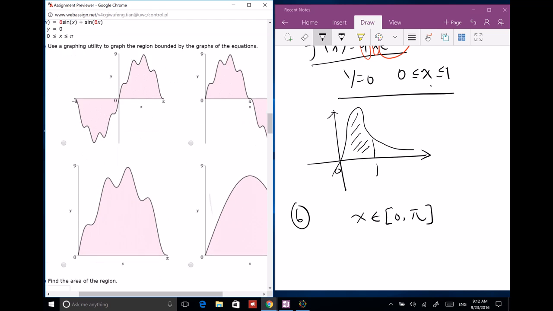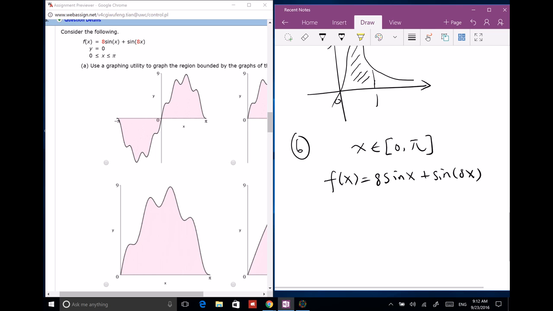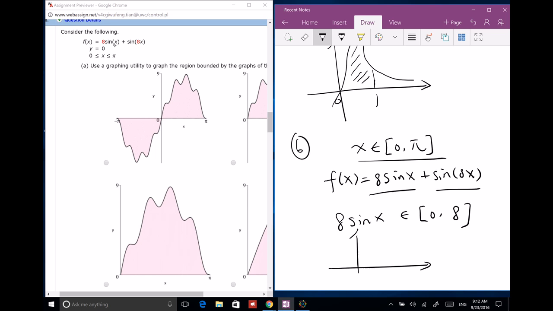And we can tell that 8 sine x is for sure positive, and it dominates the sine 8x. When x is from 0 to pi, 8 sine x is going to be between 0 and 8, because the sine x function looks like this, from 0 to pi, with a maximum of 1.